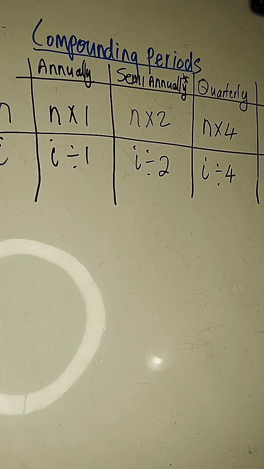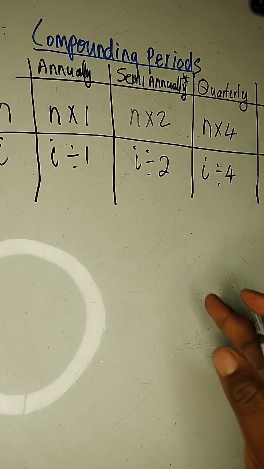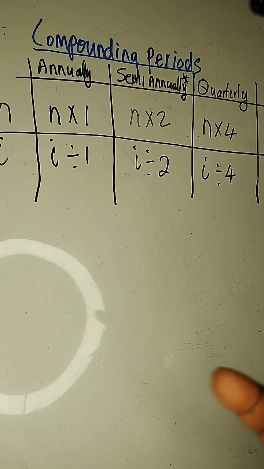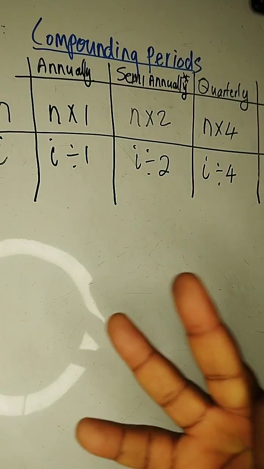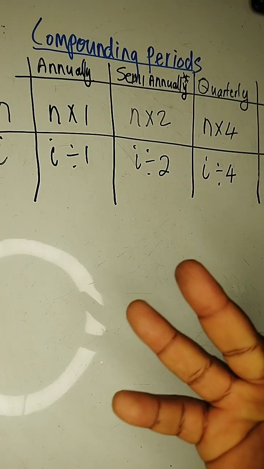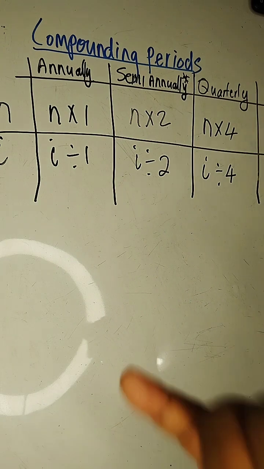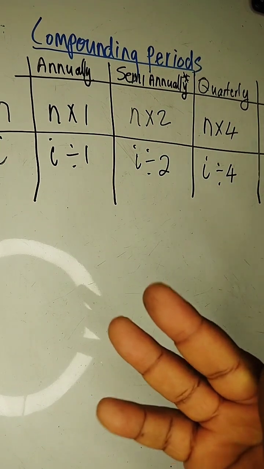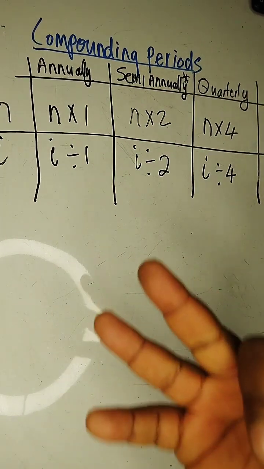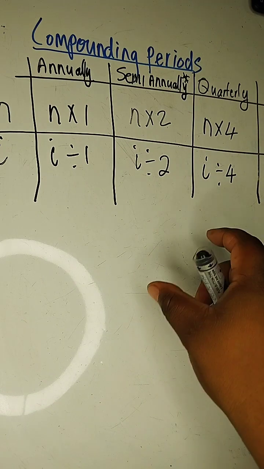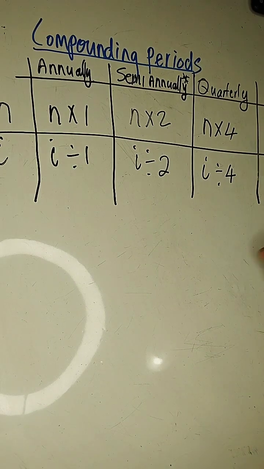But how do these quarters confuse? It's because we have January, February, March, which is 3 months; April, May, June, which is 3 months; July, August, September, which is 3 months; October, November, December, which is 3 months. They go by 3 months, 3 months, 3 months, 3 months. So there are 4 in a year.